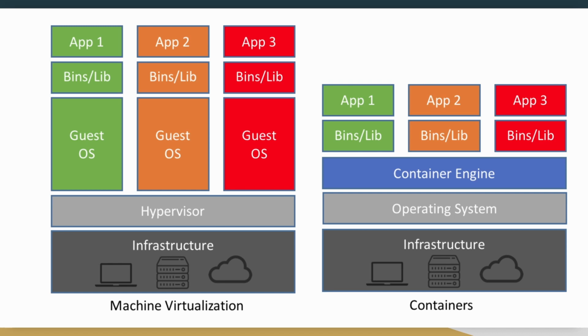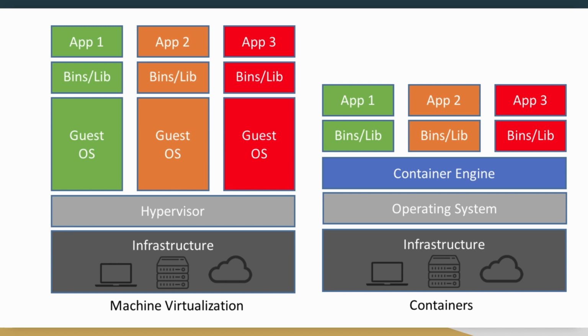In a container, it's a little bit different. We have an operating system directly on the hardware, for example a Linux operating system. And inside of this operating system, we install the container engine, for example Docker. With this container engine, we can run different containers. So instead of having multiple operating systems on a single hardware system, we have this container engine which lets us create different containers.